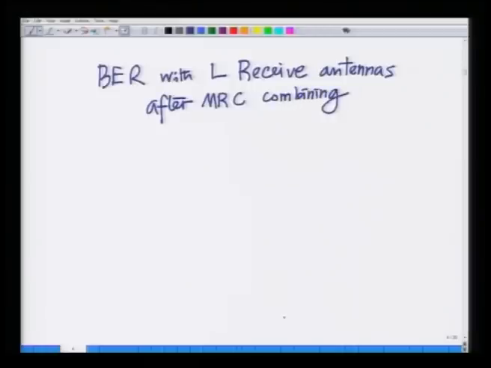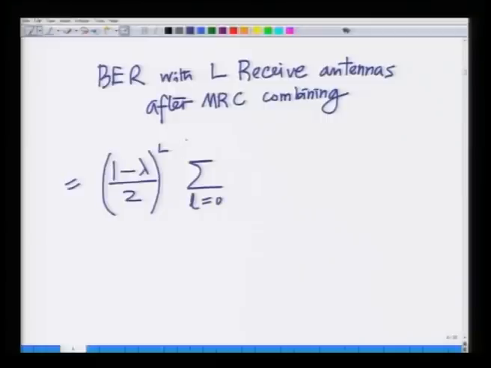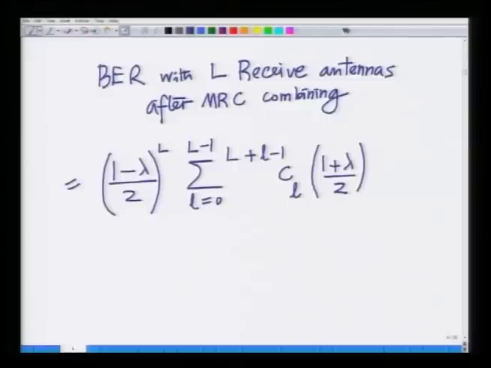the bit error rate with L receive antennas after maximal ratio combining, we derived the optimal maximal ratio combiner in the last lecture, is given as the expression ((1 minus lambda) over 2) to the power L times the summation over l equals 0 to L minus 1 of (L plus l minus 1 choose l) times ((1 plus lambda) over 2) to the power l.